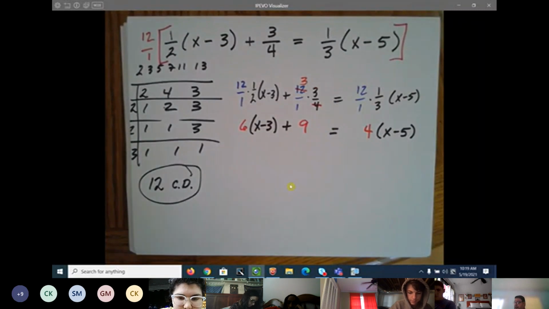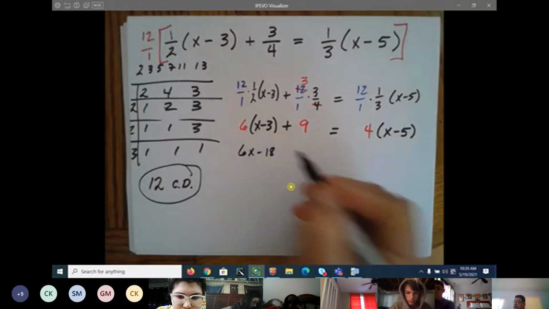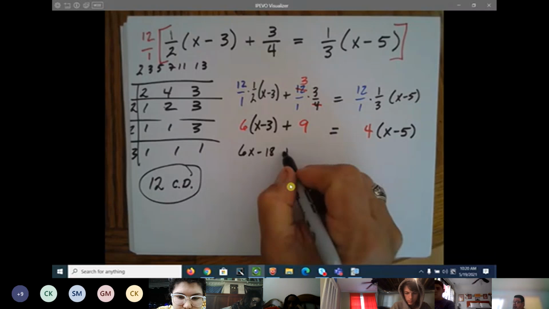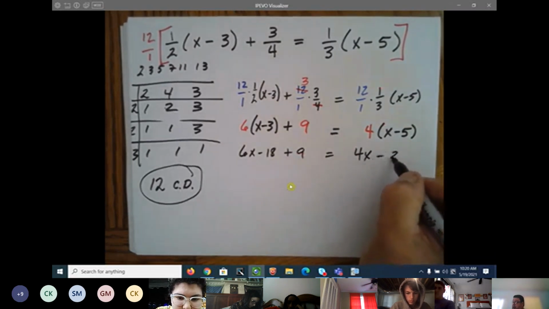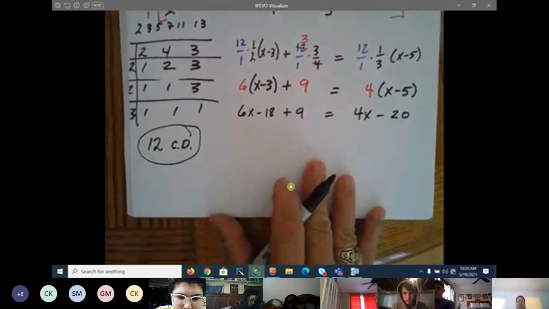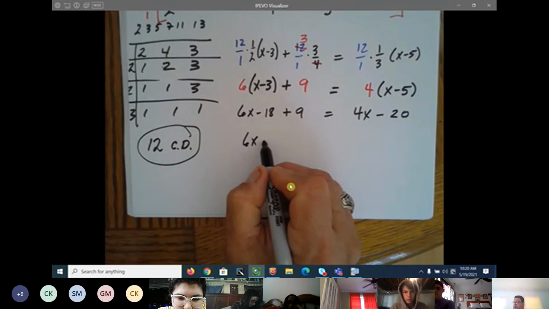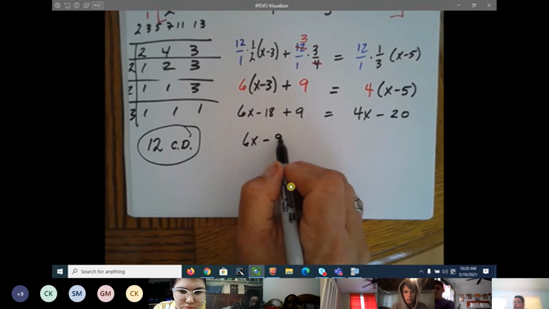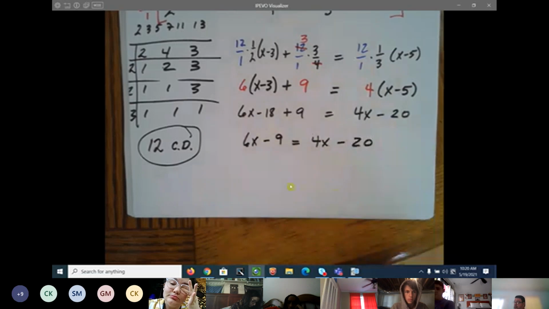Now distribute the 6, and we get 6x minus 18 plus 9 is equal to 4x minus 20. And 6x minus 9 is equal to 4x minus 20.